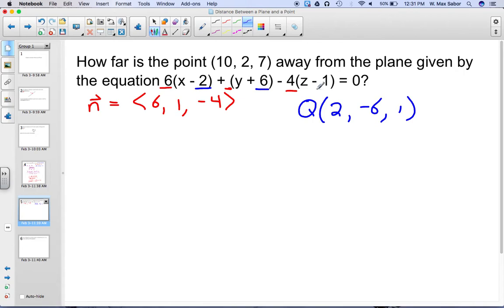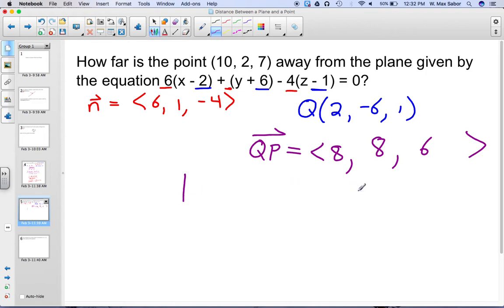These are from the differences inside the parentheses. So vector QP is going to be final minus initial, so 10 minus 2, 2 minus negative 6, and 7 minus 1.